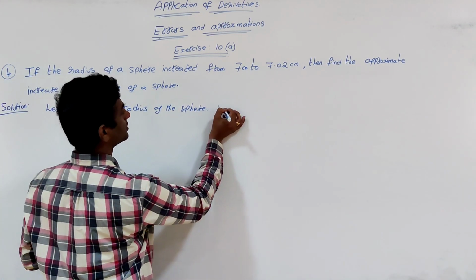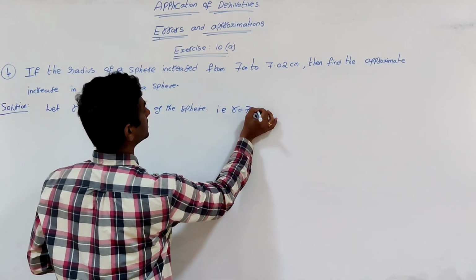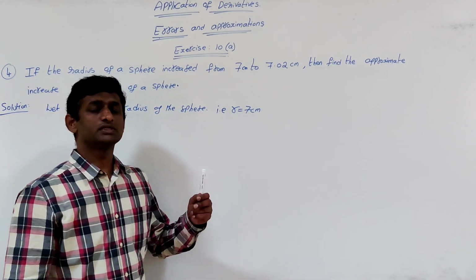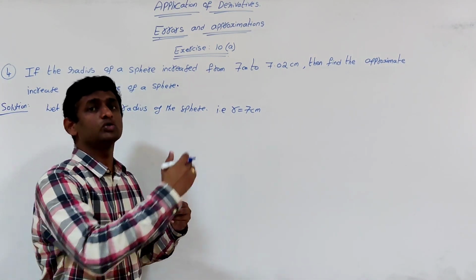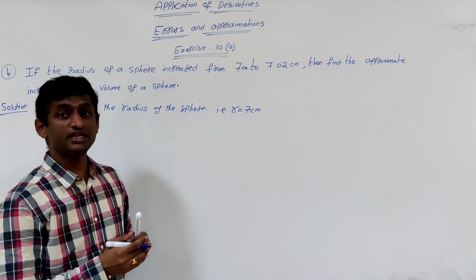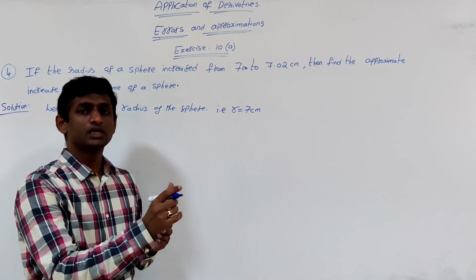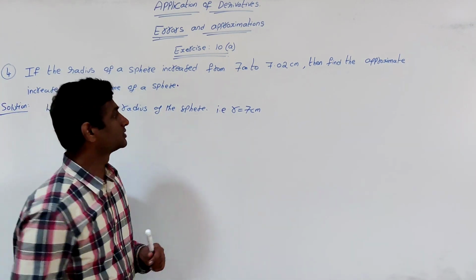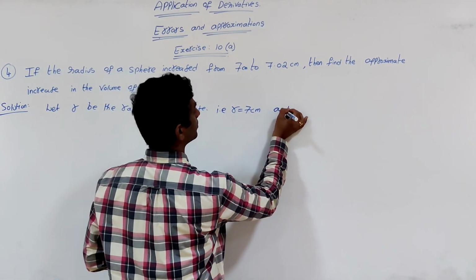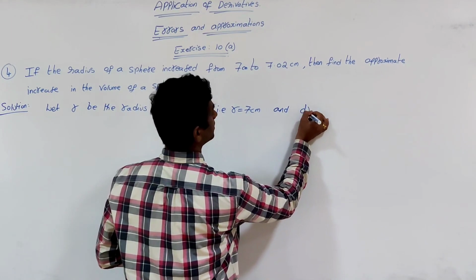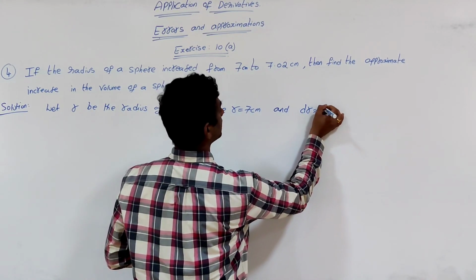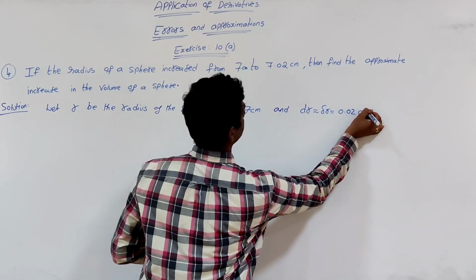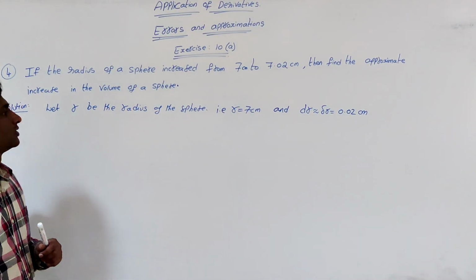That is, R is equal to 7 centimeters, and there is a change in the radius. Means the radius has shifted from 7 to 7.02 centimeters. Means how much it has increased, that is the change in the radius, and dr, or we can say delta r, is 0.02 centimeters.